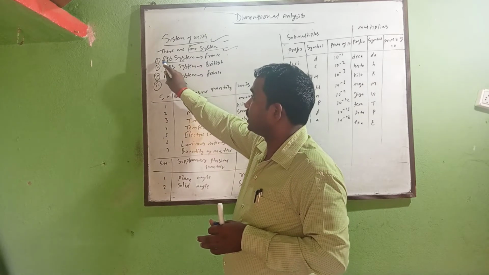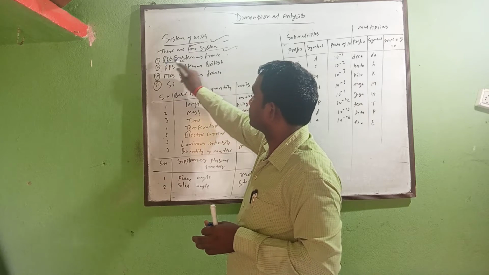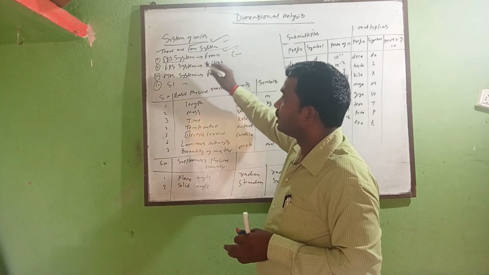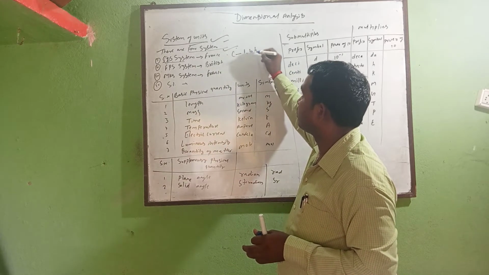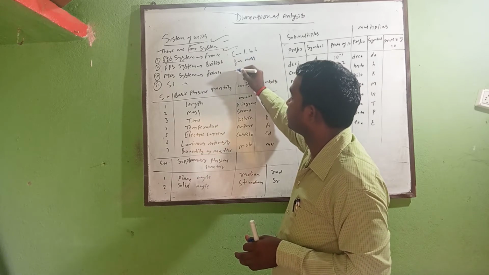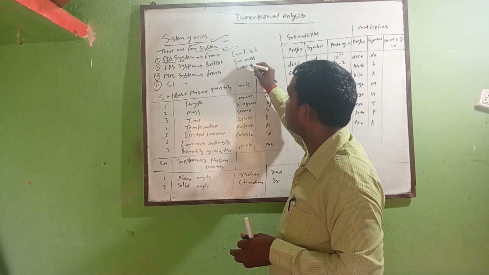So this is the full form, centimeter gram second. Centimeter we use to measure length, breadth or height, gram we use to measure mass, and S, that is second, we use to measure time.